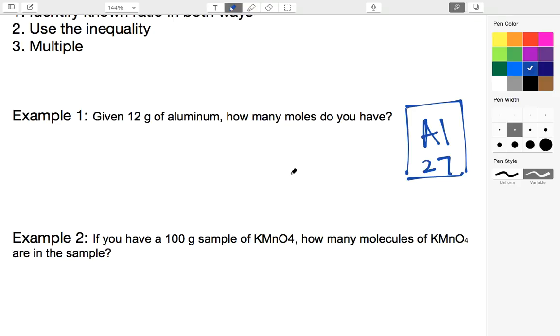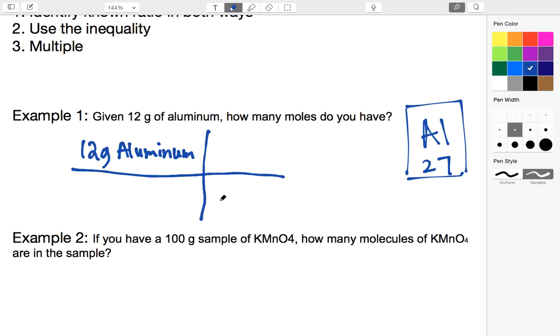So I'm going to start the same way again, where I know I have 12 grams of aluminum. And then I'm going to draw T-charts where I'm looking for moles.